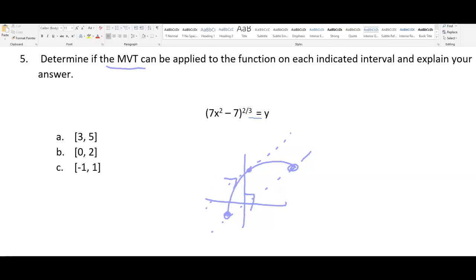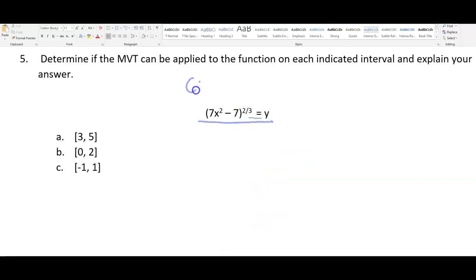Now, we're only guaranteed that that point exists if two criteria are met. The criteria are this. This function has to be continuous on its closed interval and differentiable on its open interval.